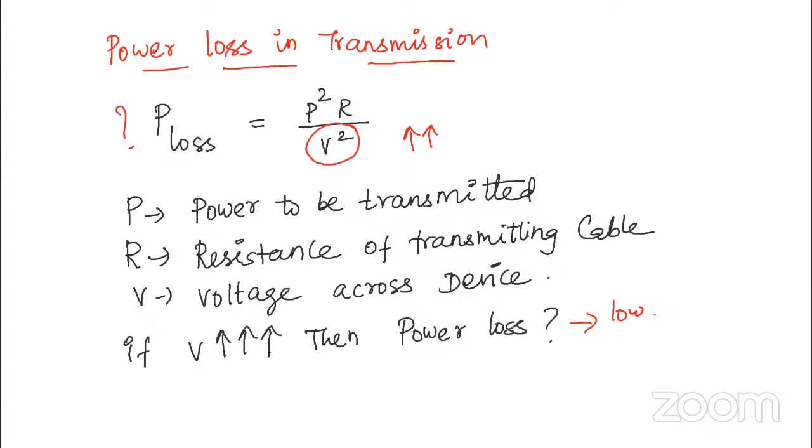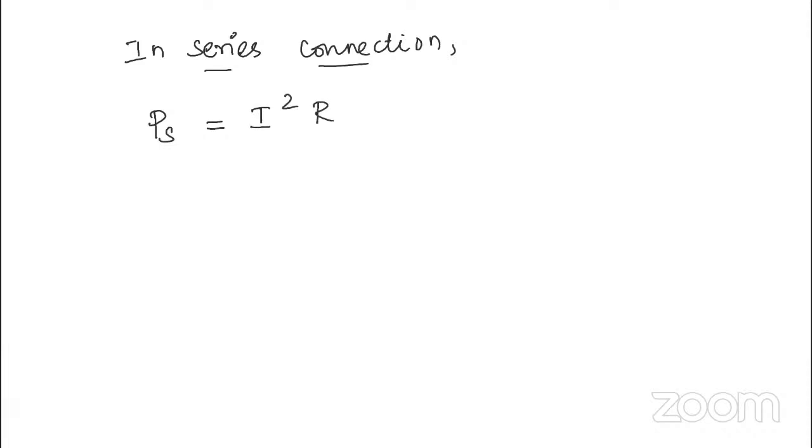Right? Suppose in series connection, they give the values of two powers and ask us to calculate the values of two resistances, what will be the formula? In series connection we take the second formula, that is P is equal to I square into R. P and R are directly proportional.